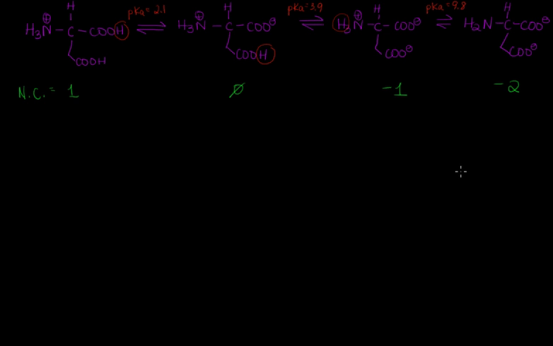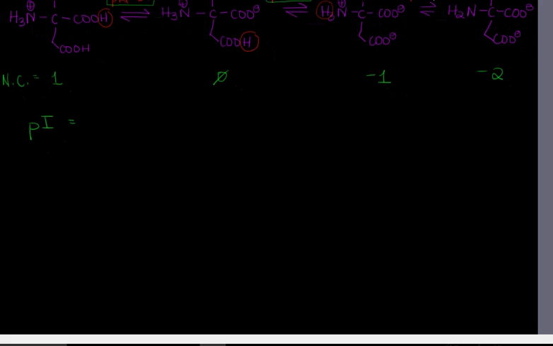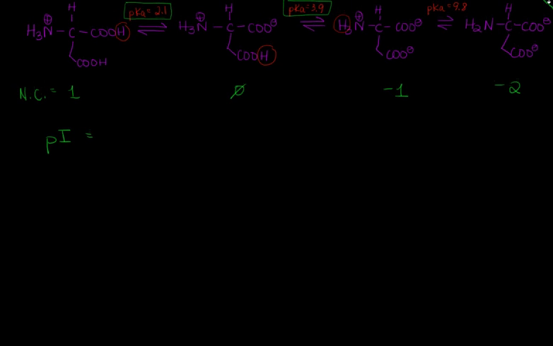So we have 3 pKa's, so how are we supposed to take an average in order to find the isoelectric point? The trick is you only look at the pKa's that are in between or immediately next to the isoelectric point. So we can completely ignore the contribution of the amino pKa to this equation.